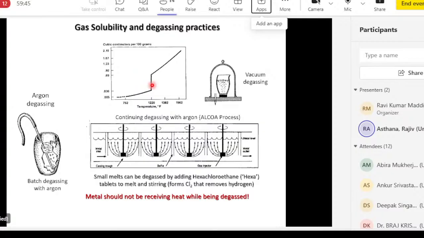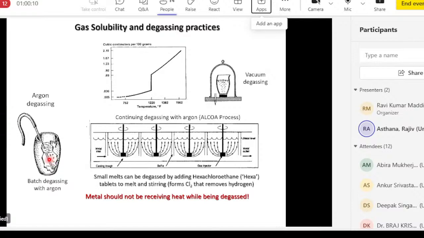And the thing is, how do you remove hydrogen? Well, there are standard practices. Earlier, people used to bubble chlorine gas through molten metal, and then you remove hydrogen. But chlorine is toxic, so people started using hexachloroethane, tablets of this compound called hexa. They basically release chlorine.